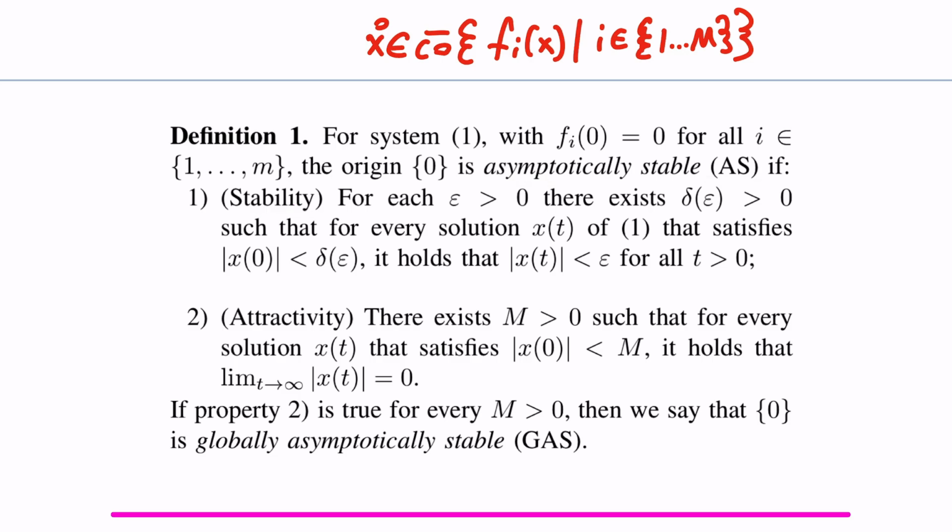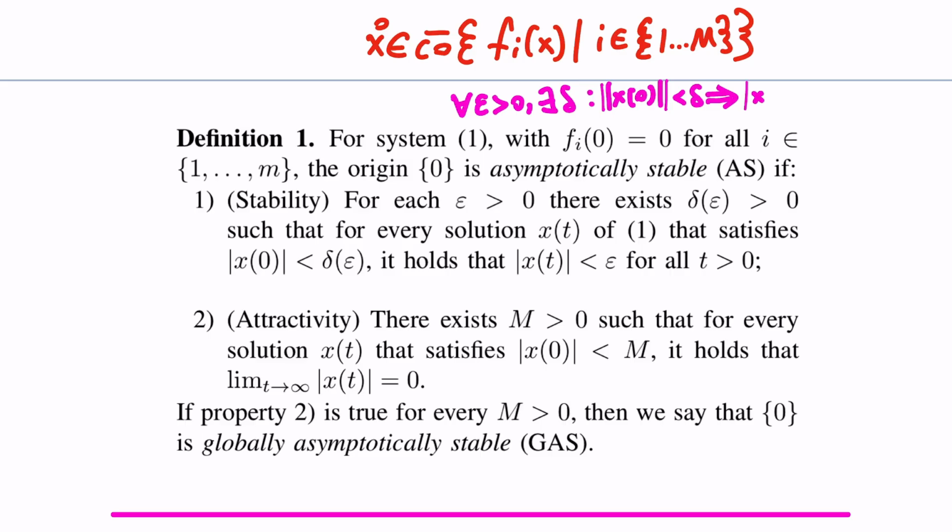First, stability. This is what we are familiar with at this point, the typical expression: for all epsilon positive, there exists delta, which depends on epsilon, such that the initial point x0, when its magnitude is bounded by delta, implies that the solution stays within epsilon for all t.